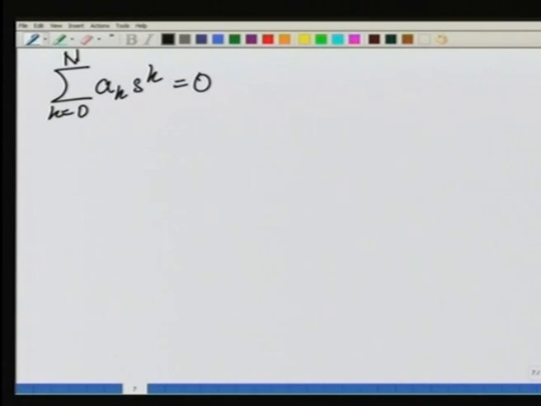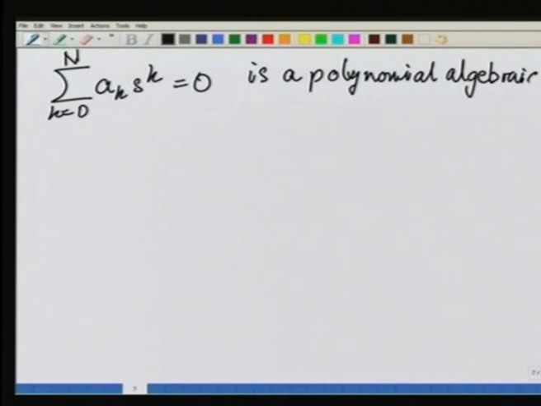This is just an algebraic equation, and it is a polynomial equation of order n. Of degree n, sorry.